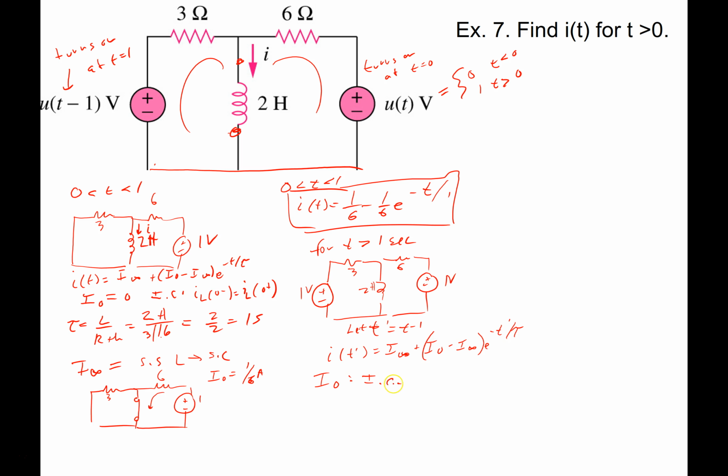So we don't use any of that steady state stuff anymore, but what we do is we find that IL of t prime equals 0 plus has to still be the same as IL of t prime equals 0 minus, which equals IL of t equals 1. Using our last formula, we plug in 1 in the last formula that we just solved, figure out where we're at that point, because that's going to be our initial value of I for the second source coming on.